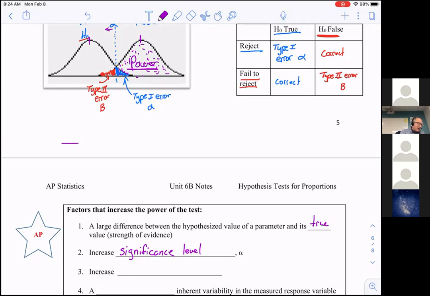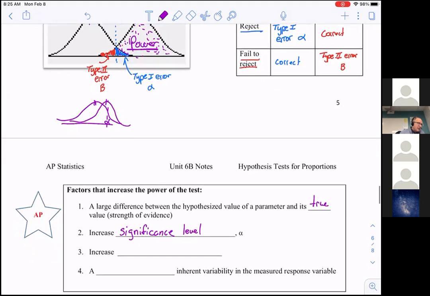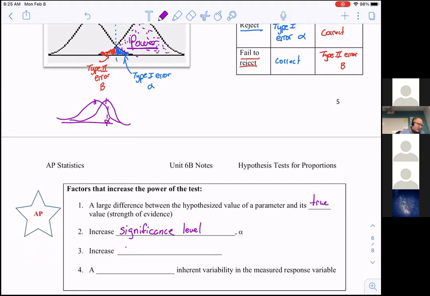But if I had a curve that was centered here and the real curve was centered here, there isn't a lot of difference in those curves. So wherever I set this alpha level determines that significance level. We could also increase the sample size, which is going to decrease the amount of variability.